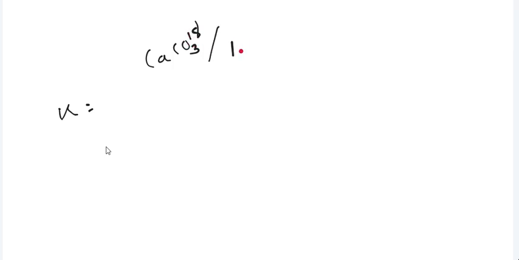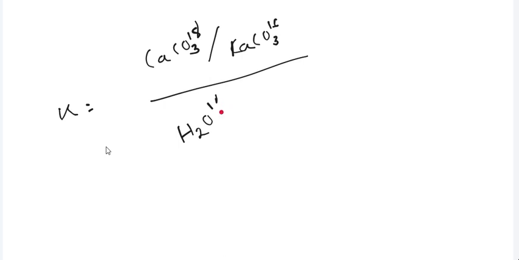So the equation will be K is equal to CaCO3 18 by CaCO3 16 divided by H2O 18 by H2O 16. I have just rearranged the equation.